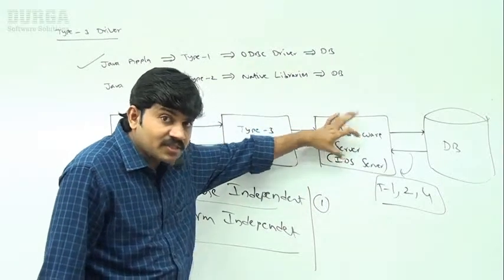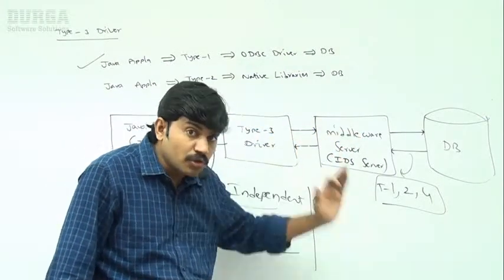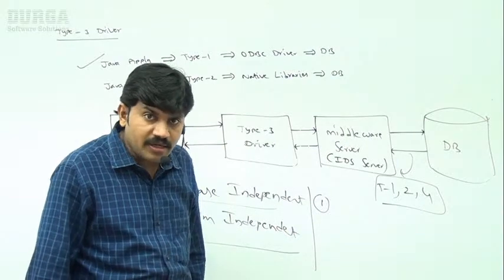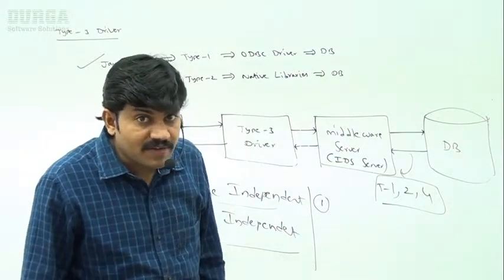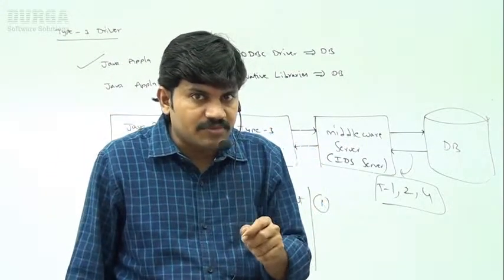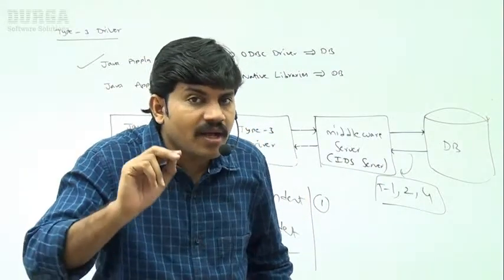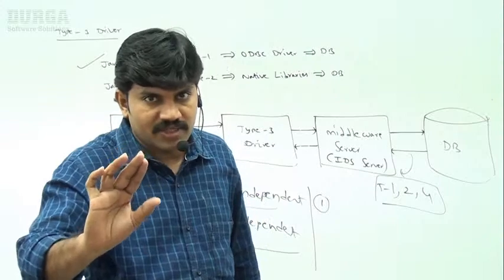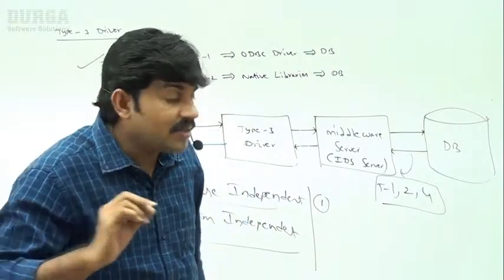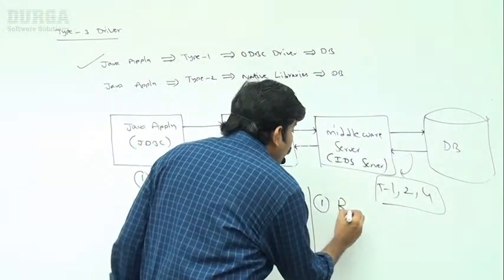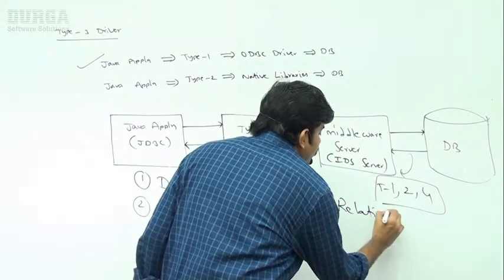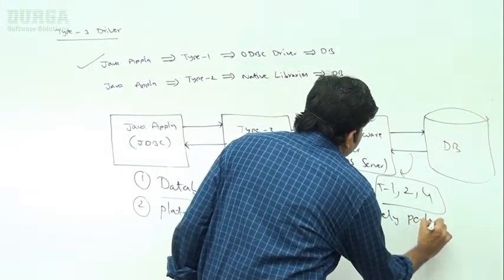The middleware server converts those middleware server specific calls into database calls. How many levels of conversion are required? 2 levels. That's why performance is relatively low, because of 2 level conversion. Clear for all of you, right?